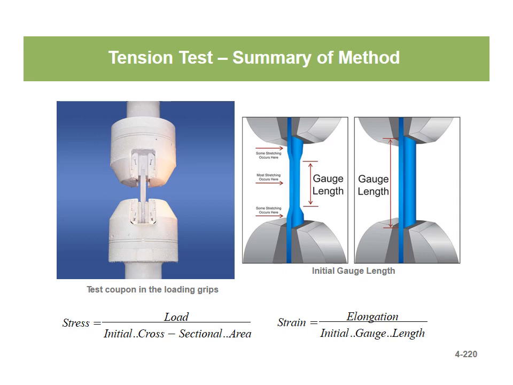So 100,000 pounds divided by 1 square inch gives you 100,000 PSI as your stress. Your elongation divided by initial gauge length is the strain. So you take your gauge length, figure out how much elongation there was, and divide it by the initial gauge length, and that's your strain. Pretty easy math, pretty cut and dried.